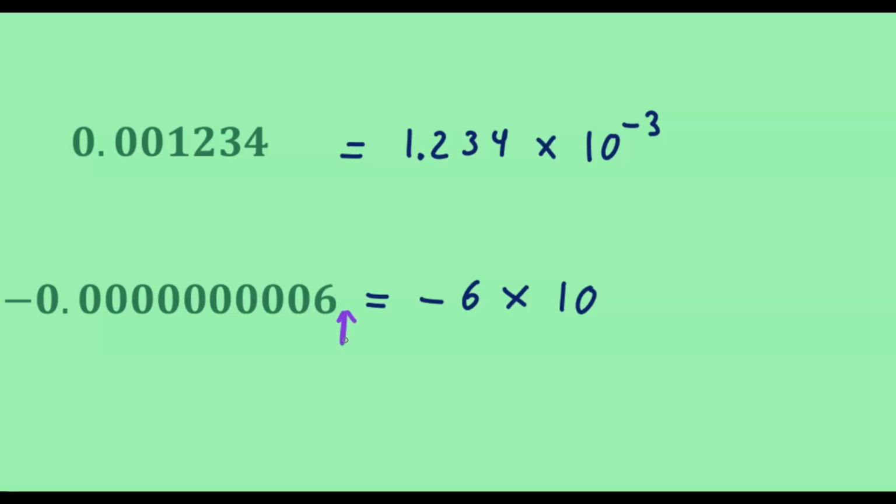Now how many places do we need to jump to get to the decimal point? We have 1, 2, 3, 4, 5, 6, 7, 8, 9, 10. We need to jump 10 places to get to this decimal point. So we end up with 10 to the power of negative 10. And it's negative 10 because we need to jump to the left. So the required scientific notation is negative 6 times 10 to the power of negative 10.